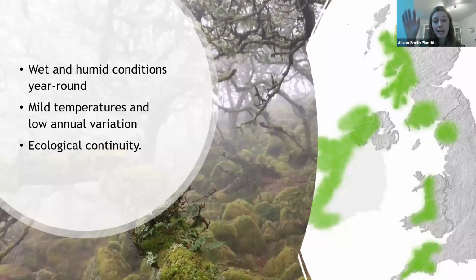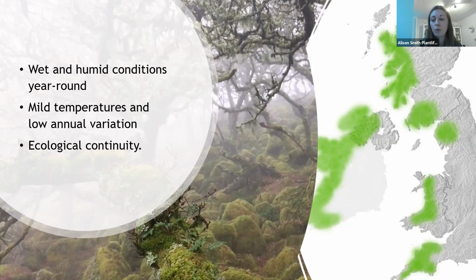But within these areas where you can see the green, obviously not all of the woodland is temperate rainforest. We have many areas where there are conifer plantations, more recent broadleaf plantations, and there are variations in the climate. So a lot of this area is classed as upland Britain, but there are more lowland areas.